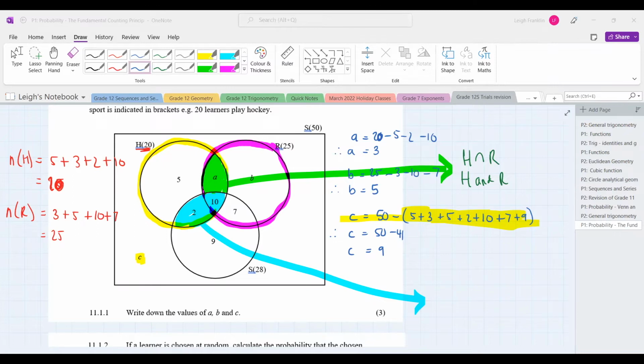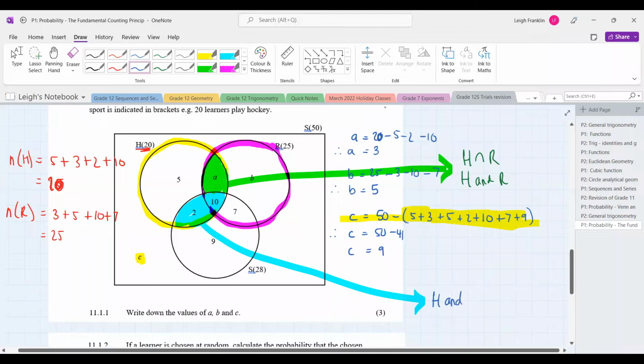Exactly. Hockey and soccer, or hockey intersection soccer. So there are 12 people that play hockey and soccer.